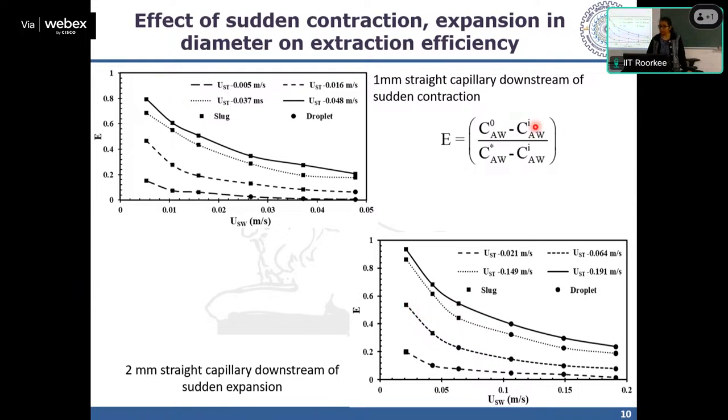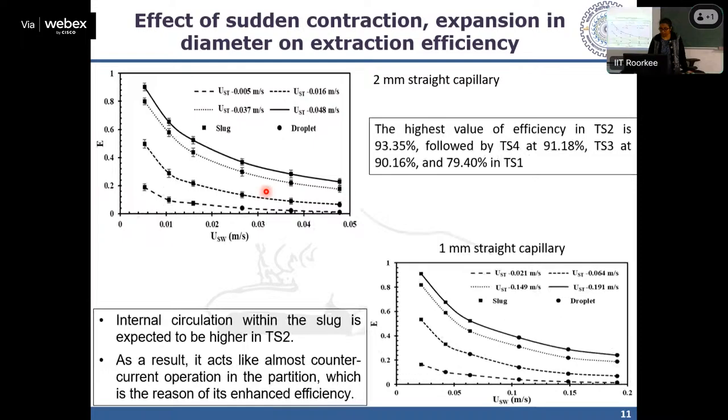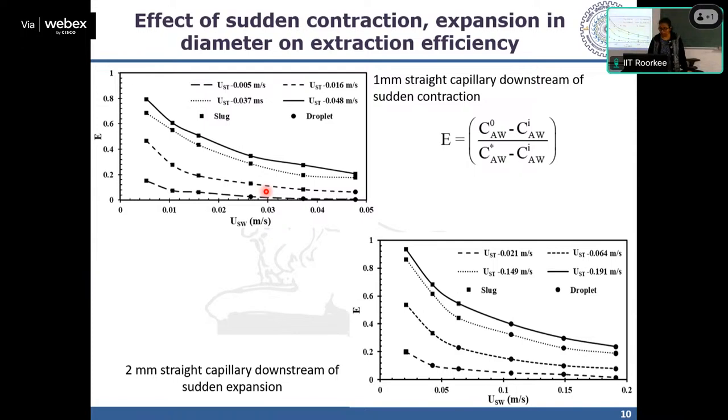This is inlet, so this is 0. This is equilibrium value and this is the inlet value. So this is the extraction efficiency, I mean for all the test sections taken together.